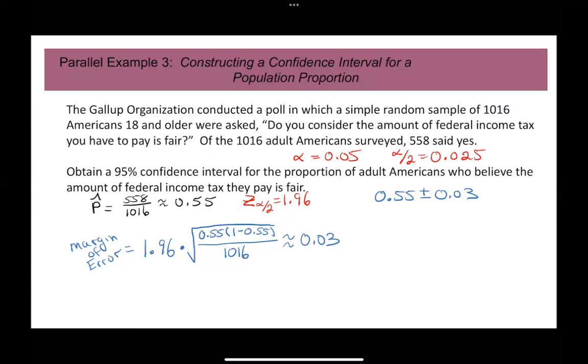The other way that we could write it is 0.52 to 0.58. They will ask for parentheses if you're putting it in interval notation. That seems to be the most common error when people are putting it into MyOpenMath: it needs those parentheses for interval notation. So either one of these ways is perfectly fine.